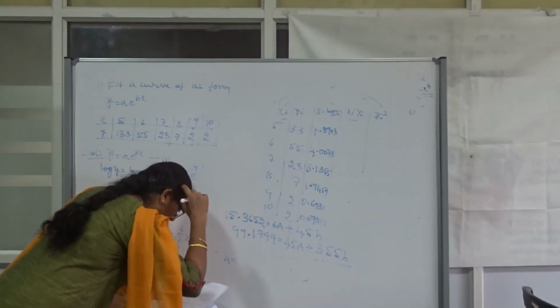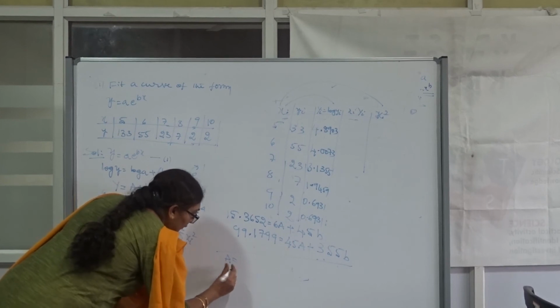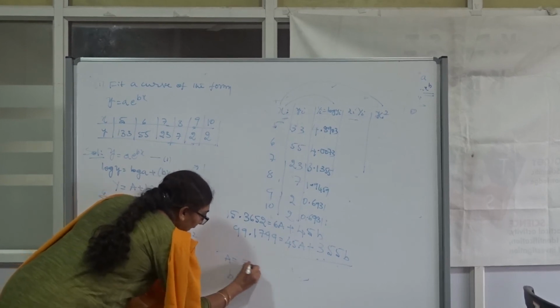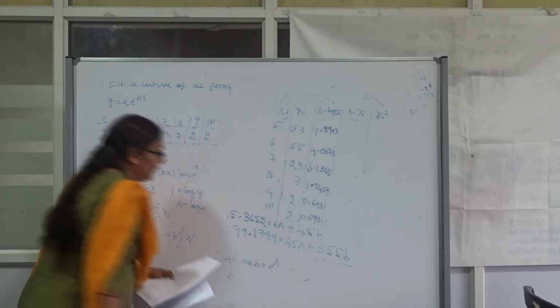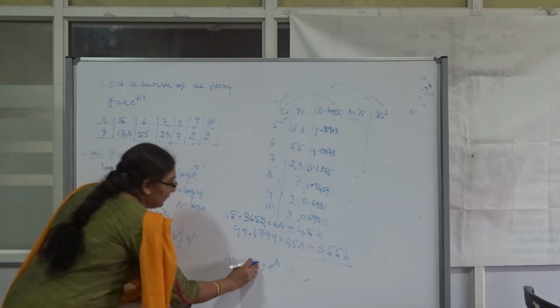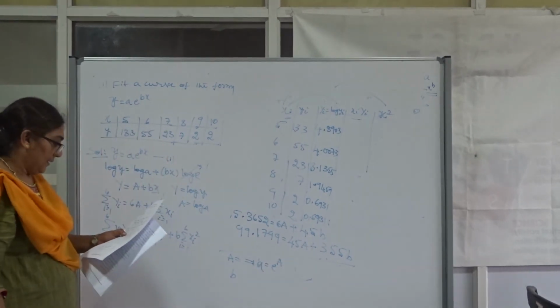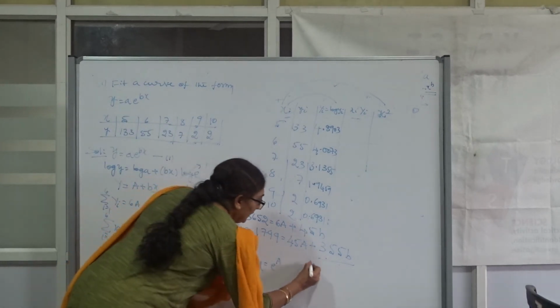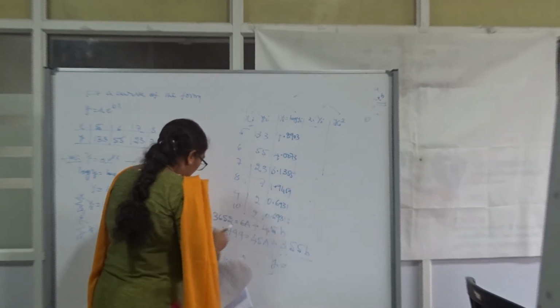Once you find capital A, find small a from capital A. What is small a? It is e power of capital A. Finally we get y equals a value.